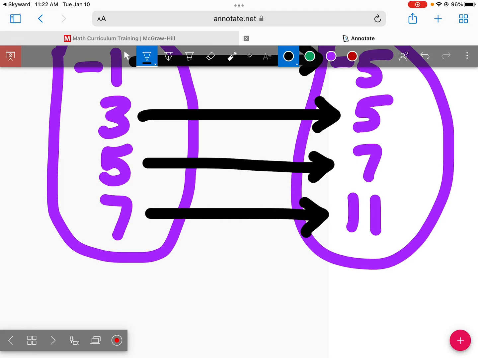Every piece of my domain goes to what? Goes to an output value. Do we have any piece in our domain that goes to more than one thing in the range? No. Then it is a function.